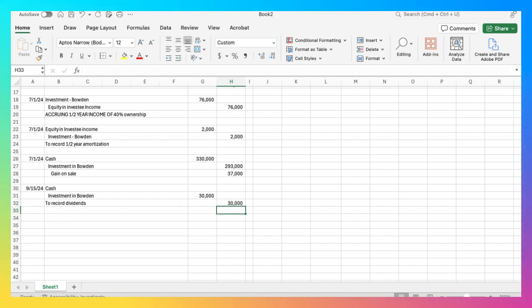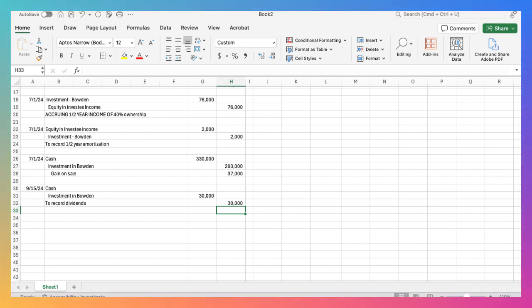Okay. So the next thing we need to concern ourselves with is the net income that they report, right? What's the next thing that happens? Next thing that happens is that we're at the end of the year. So since we're at the end of the year, we can go ahead and record the basic accrual for investee income.